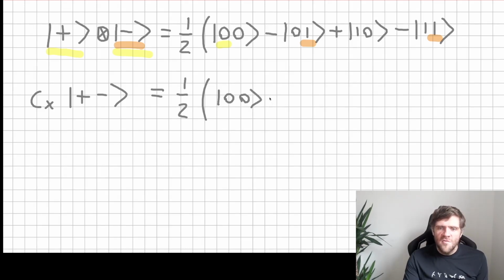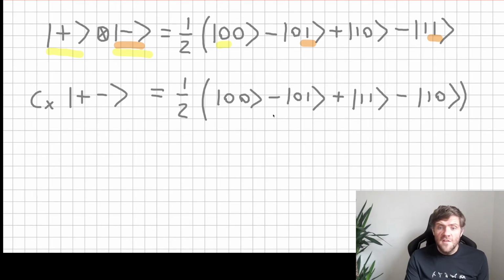The same is true for this second basis state, but for the other two, the control state is 1, and so the target is going to get flipped. So this 1 means that the 0 gets flipped to a 1, and this 1 means that the 1 gets flipped to a 0. And this is the state we're left with at the end.